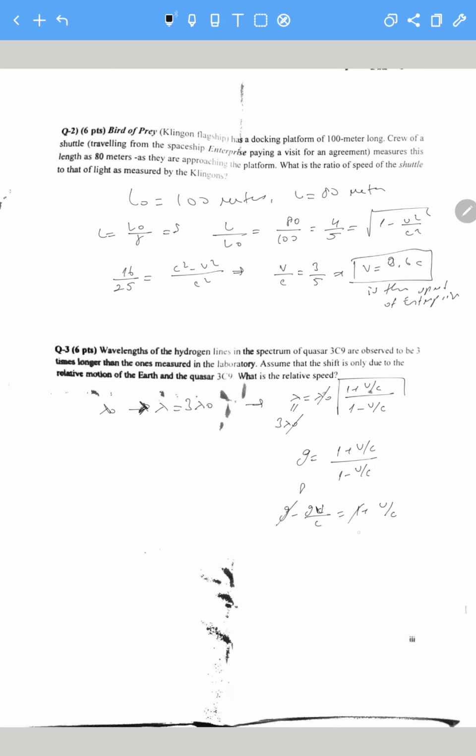Now this is 8 here, and now this is 10. Then we find v to be this number, so this 0.8 c is the relative speed. Moving on to the next question.